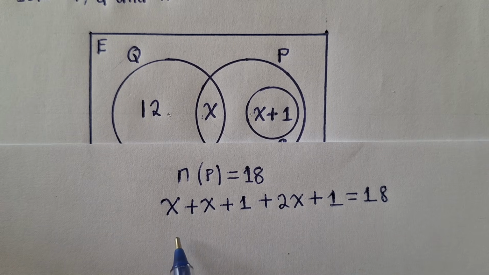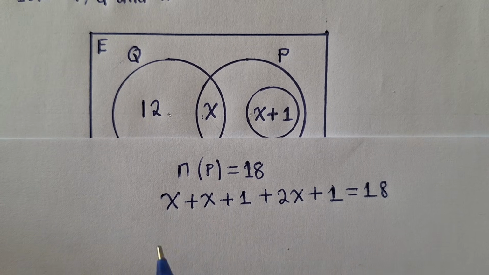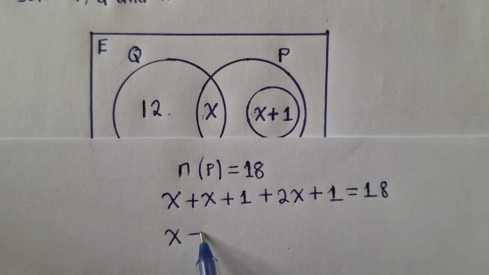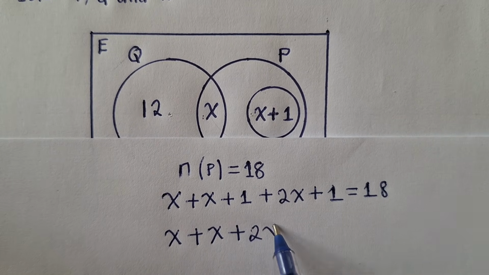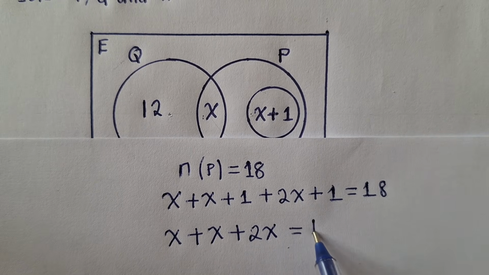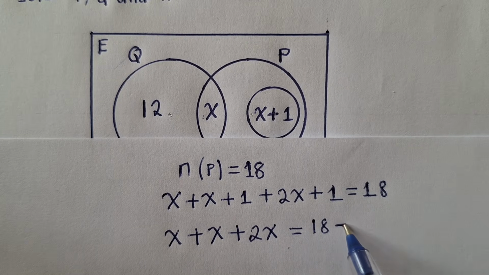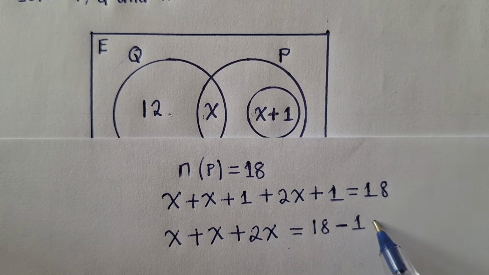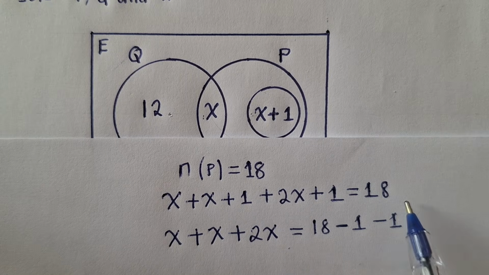Okay, so we now solve this equation. We shall first group the like terms, X plus 2X. We want all the terms with X to one side of the equation and terms without X to the other side. You can see this one comes this side.